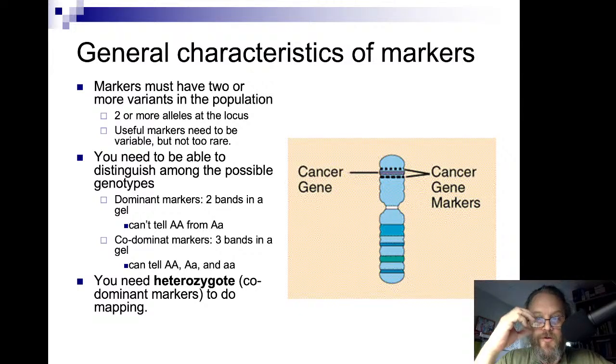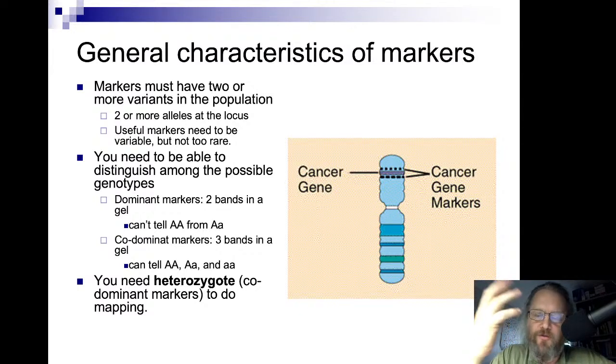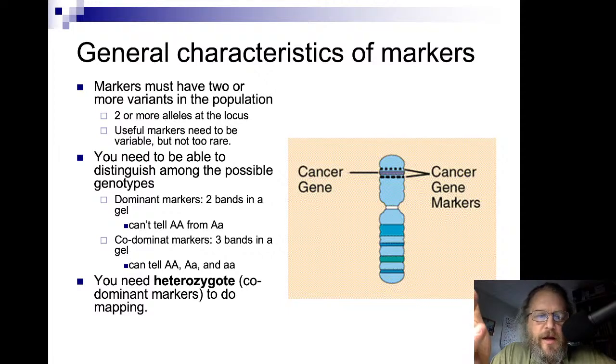Okay, so some general characteristics of markers. Some things that you need in order for a marker to work really well. Obviously, there has to be variation in the population, okay? The useful markers, though, shouldn't be so rare as to have been found only in one individual. So SNPs stand for polymorphism as opposed to the other version, if you will, of a single nucleotide variant.